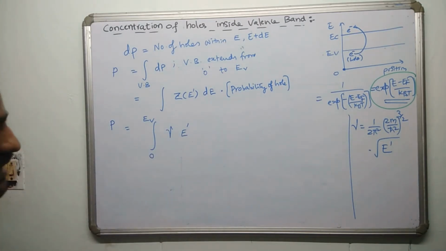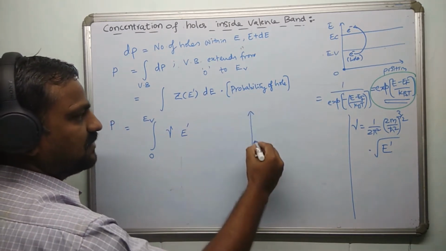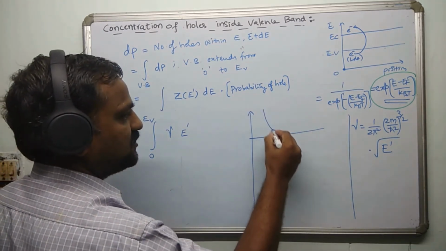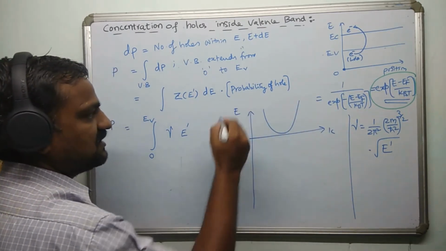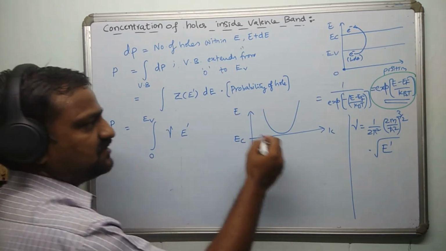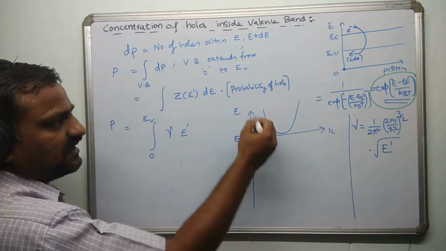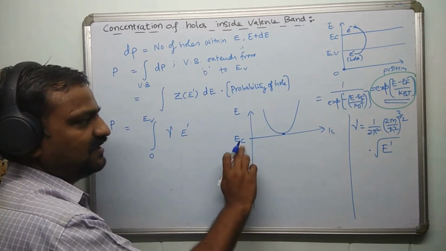And let me recall the energy diagram once again. Whatever we did for electron, the same logic is applicable here. There, in the earlier case, we took the electron like this. So if you write this as K, and this as E, so this is going to be the EC. So energies of electron in the conduction band are taken as a parabolic approximation. So the parabola's lowest point is like here.